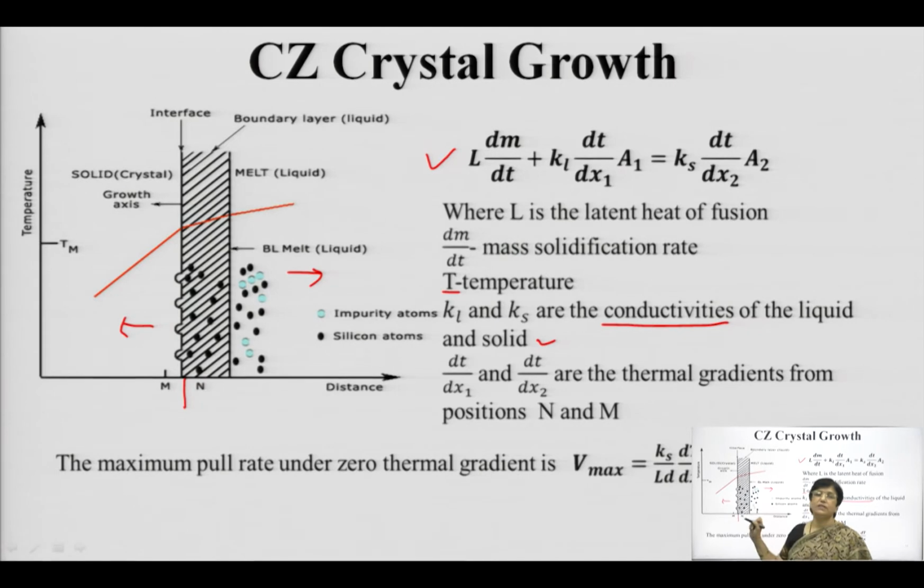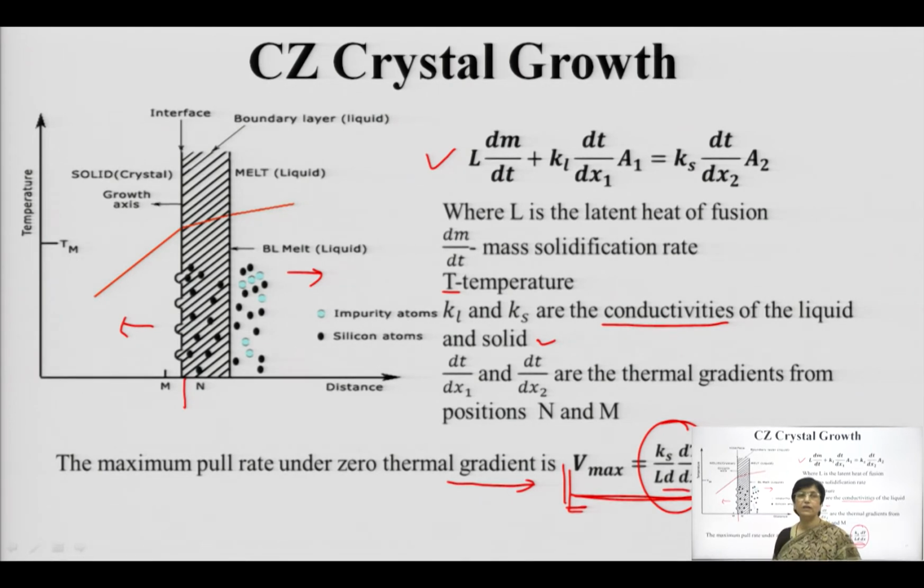This equation is important because it defines the rate at which the growth has to happen and the maximum rate of growth that can be attained. Under zero thermal gradient, the maximum rate at which the growth can happen, the pull rate, which is the deciding factor in the growth of silicon, is given by the equation Ks dT / (L dx).